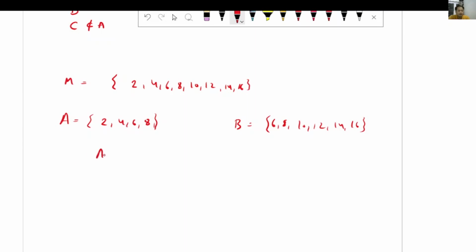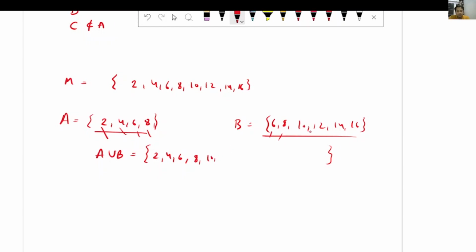If I want to tell you the value of A union B, A union B means it should include all the elements of A and B, but it should not repeat the elements inside the set. In a set there is a rule: you cannot repeat an element. So 2 is there, I will take 2, then 4, I will take 4, then 6. 6 is in both sets, so I will include it only once. 8 is in both as well, so 8 once.